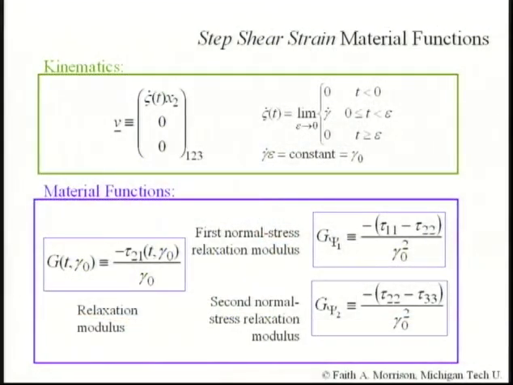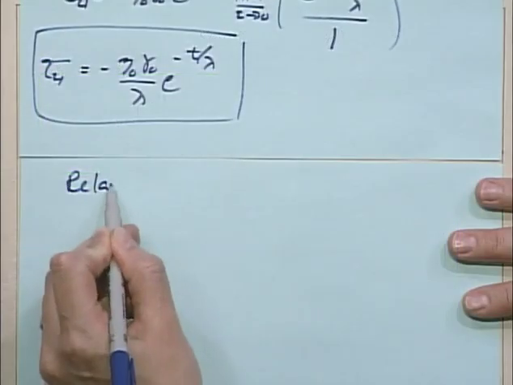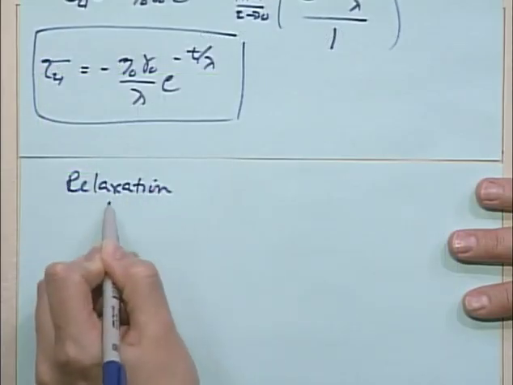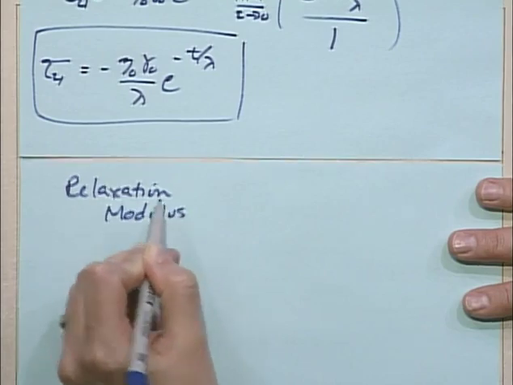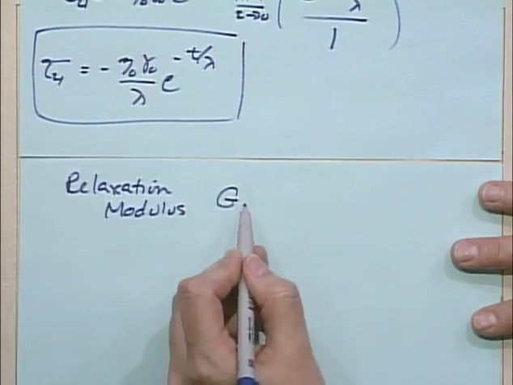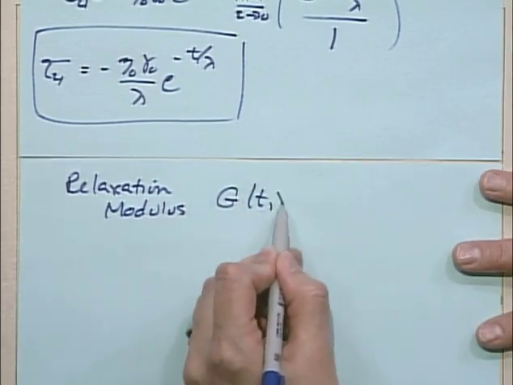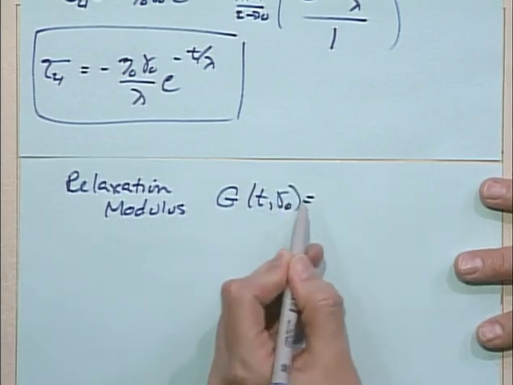So we're there. We now need to just plug in our tau 21 into our formula to get the modulus. This is called the relaxation modulus, G. In principle, it's a function of t and gamma naught. We'll see if it's a function of both.